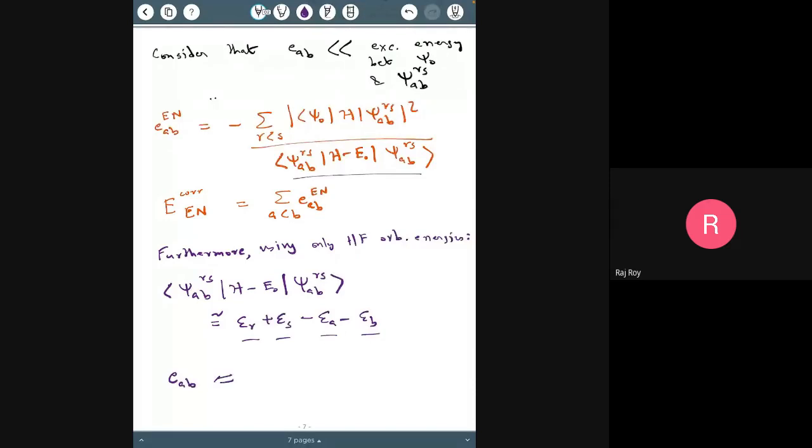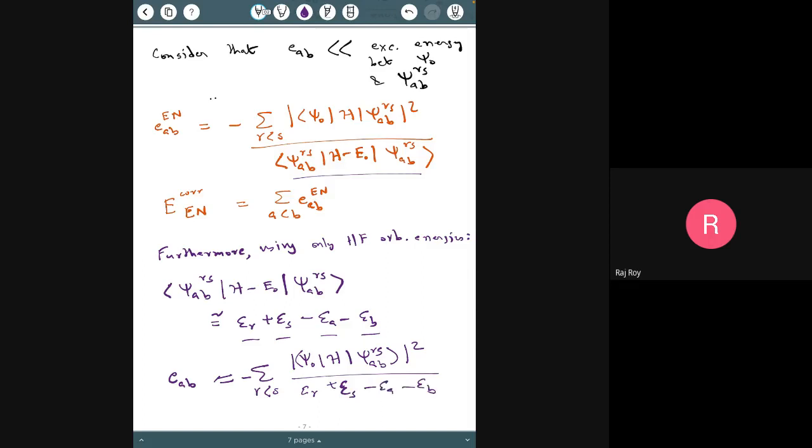And when you use this expression, then you can get a further, more approximate pair correlation energy, and that is the sum over R not equal to S. So there is a minus sign here, which you can shift to the denominator, but let's not do that. So it's ER plus ES minus EA.